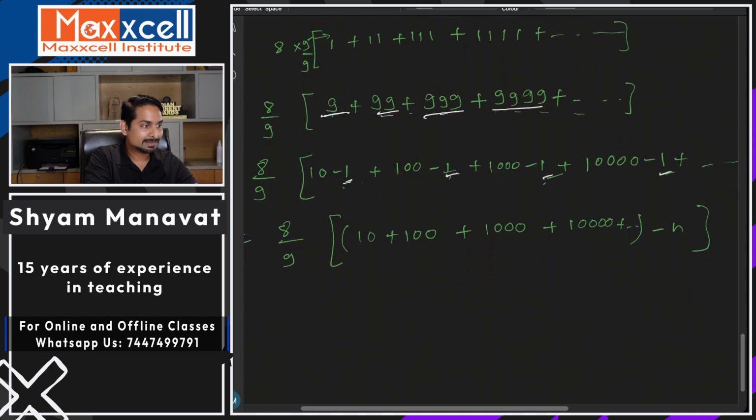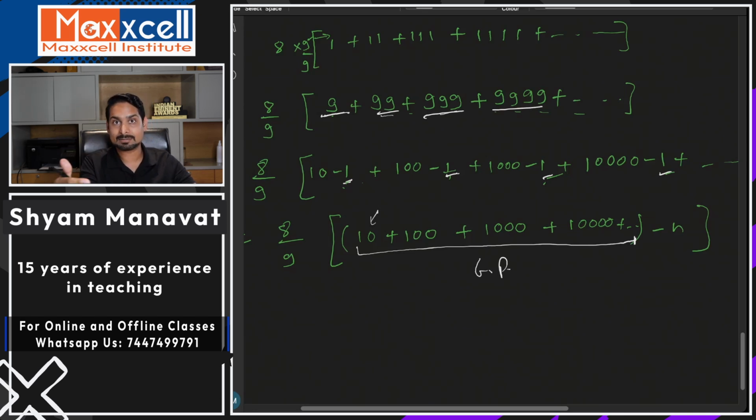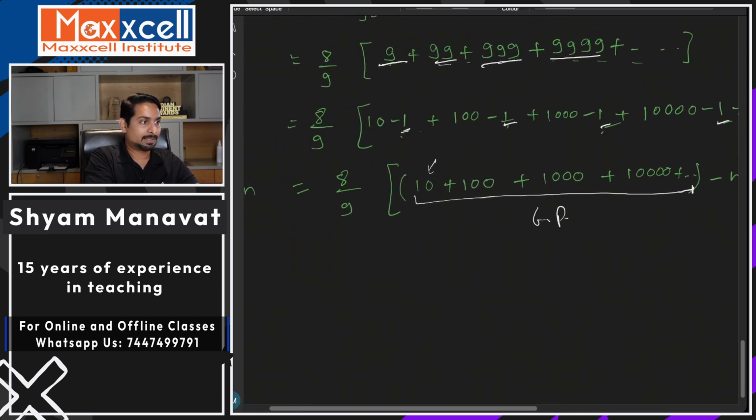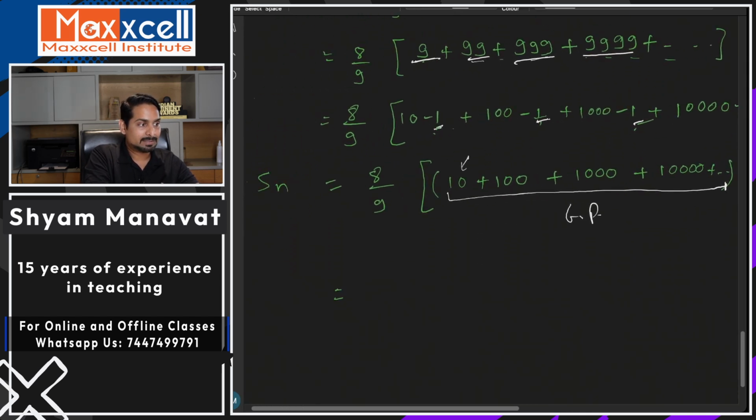Now, do you see this part of the question as a geometric progression, where the first term is 10 and the common ratio is also 10, because you are multiplying by 10 to get the next term? The ratio between any two consecutive terms is 10. Yes? If yes, then can we apply the sum of n terms there?